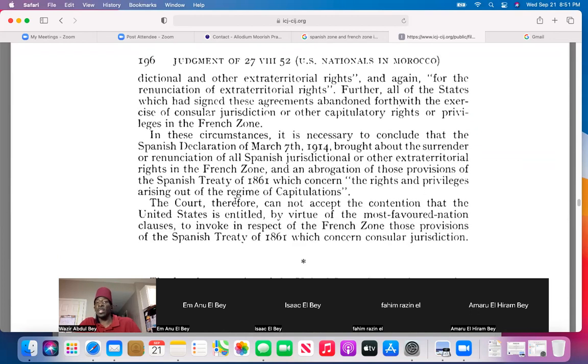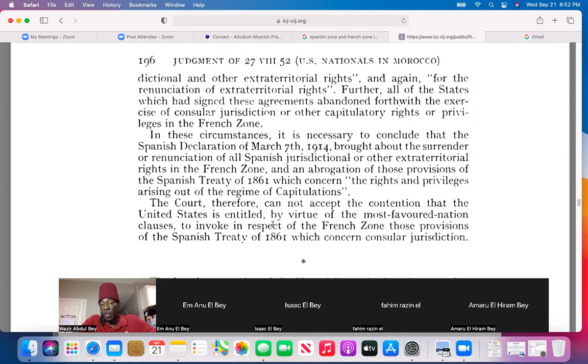In these circumstances, it is necessary to conclude that the Spanish Declaration of March 7, 1914, brought about the surrender or renunciation of all Spanish jurisdictional or other extraterritorial rights in the French zone, and an abrogation of those provisions of the Spanish Treaty of 1861, which concern the rights and privileges arising out of the regime of capitulations.